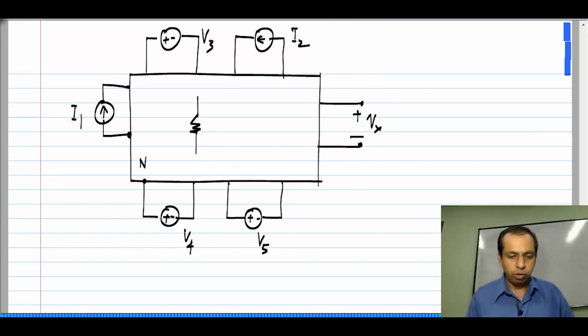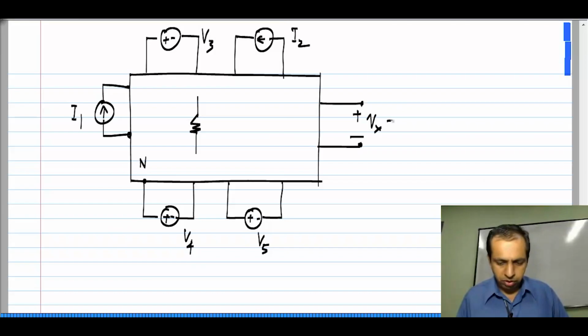Now, sometimes it could be easier to turn this problem around and realize that the transfer from I1 to this, okay, when all these other sources are nulled, will be the same as from this one to that and so on. Okay.